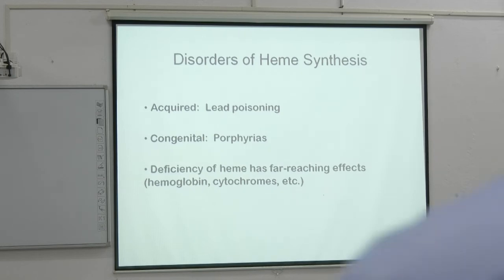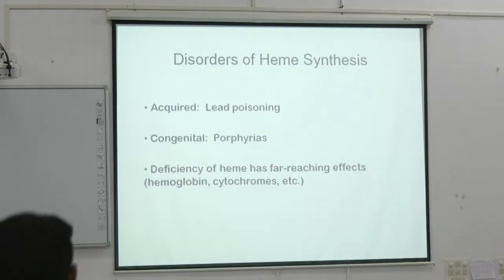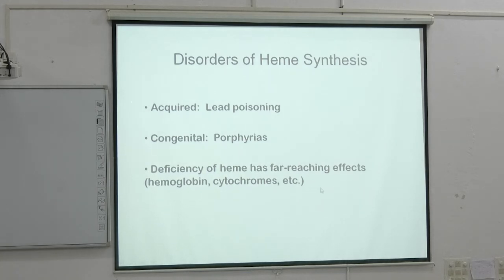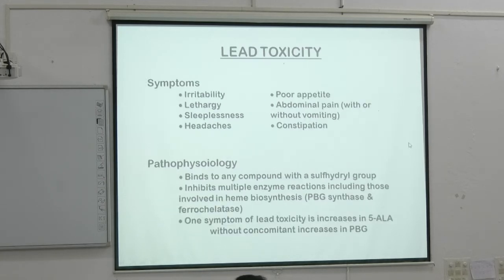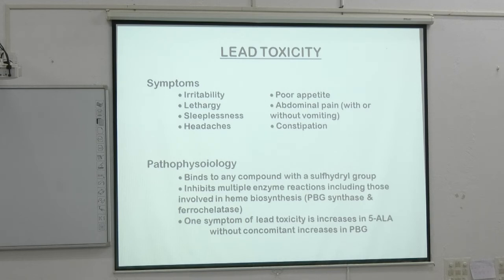Lead poisoning. So what will happen in lead poisoning? Second slide. What are the symptoms? Irritability, lethargy, abdominal cramps, loss of weight, frail hair, inability to feed. Typically, you will regard this case as acute gastroenteritis and you will miss it.